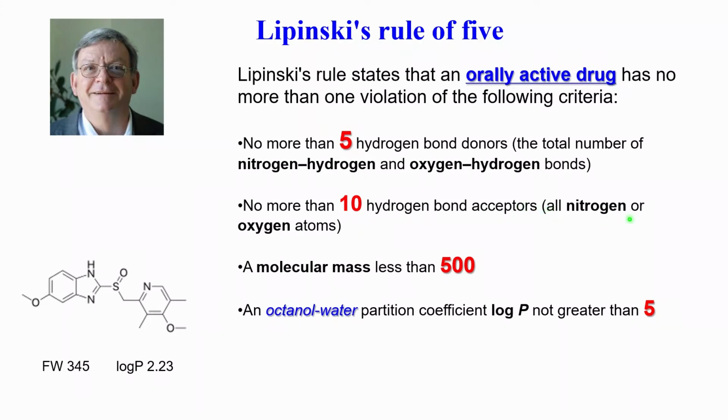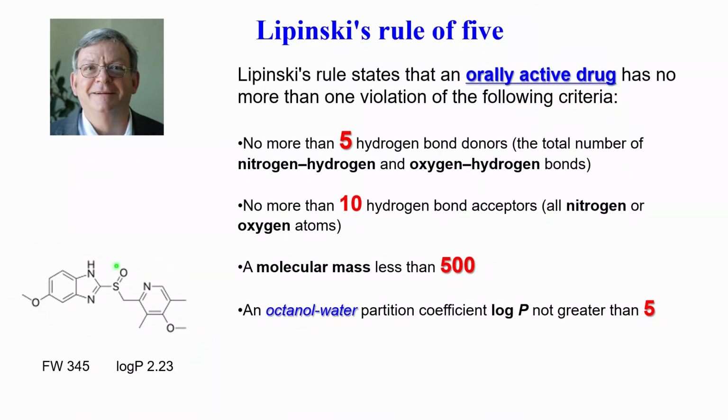That's usually all nitrogen and oxygen atoms taken together, plus maybe sulfur atoms, if any. Molecular mass should be less than 500, and octanol water partition coefficient should be less than 5 in log scale, so coefficient itself less than 100,000.